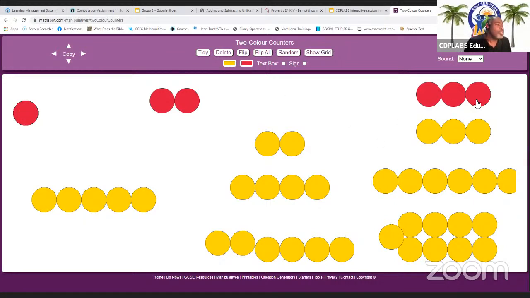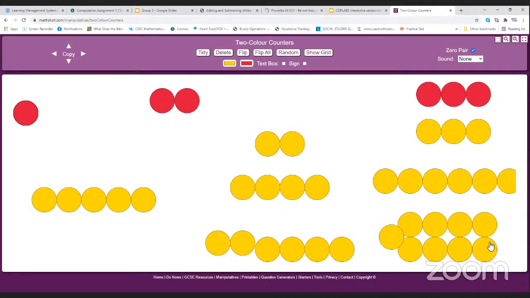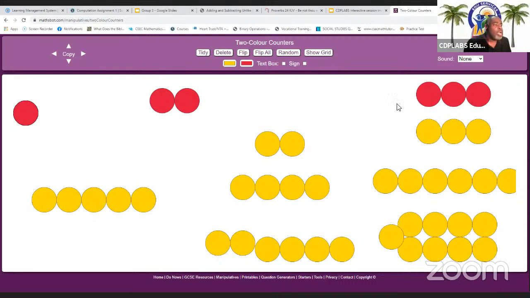Back to this now. With the 3, we can get a group of 3 here and a group of 3 here, twice, evenly. A group of 3 here, a group of 3 here, thrice, evenly. You can also get this same group into this twice, evenly. Hence that's why 6 is common to 3 and 2.